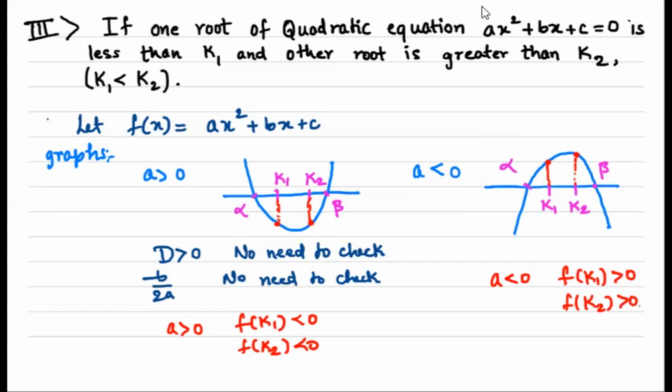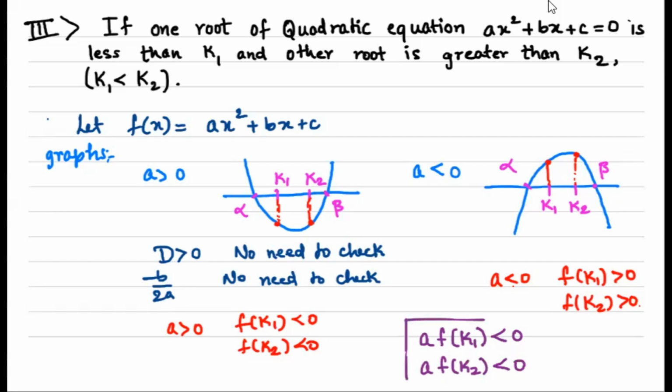So if I see the product of these two, a times, when a is positive, f of k1 is negative. When a is negative, f of k1 is positive. So either of them have opposite signs. So what we conclude from these two is finally, I could say, a times f of k1, one is positive, one is negative, is less than 0, and a times f of k2 is also less than 0.